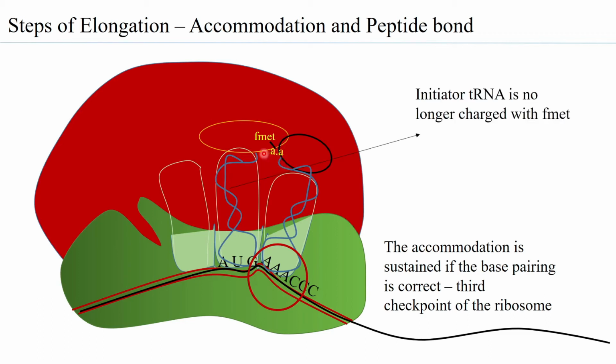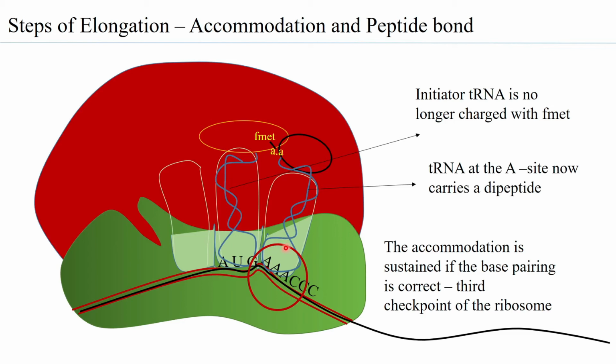Okay, so interesting to note over here is that the initiator tRNA now is uncharged. It does not carry the fMet any longer, because the fMet has now shifted to this amino acid tRNA. Why? Because it is in a peptide bond with the amino acid that is attached to the amino acid tRNA at the A site.